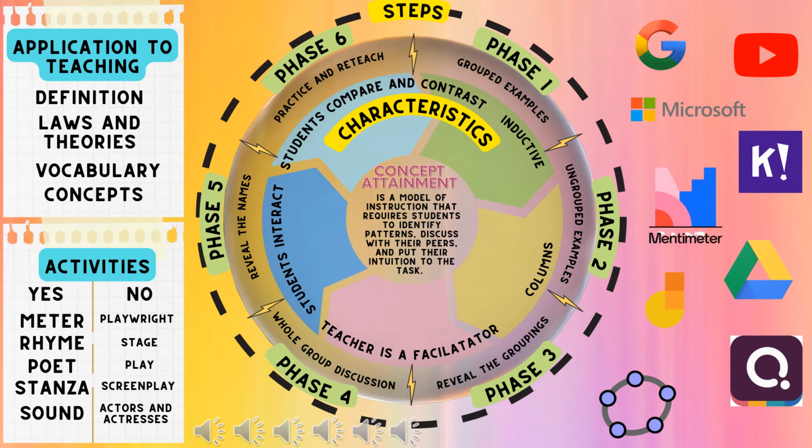We can just give them examples and then let them discover the theories on their own. Another example is when we teach vocabulary and concepts. These are only a few examples of situations where we can apply the concept attainment model. There are a lot more, depending on the teacher, the students, the topic, and the resources.